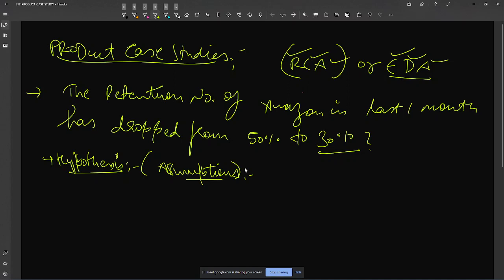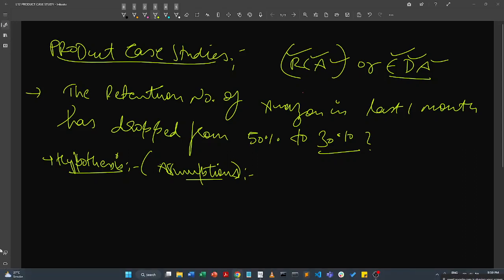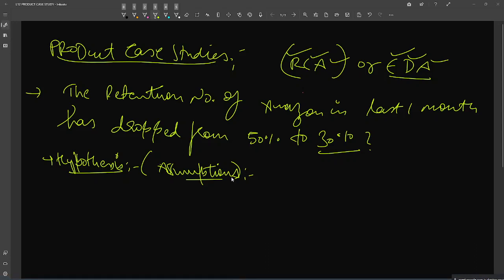For a company like Amazon, which has millions of customers, the number dropping from 50% to 30% is huge. What can be the possible reasons why these numbers have dropped?